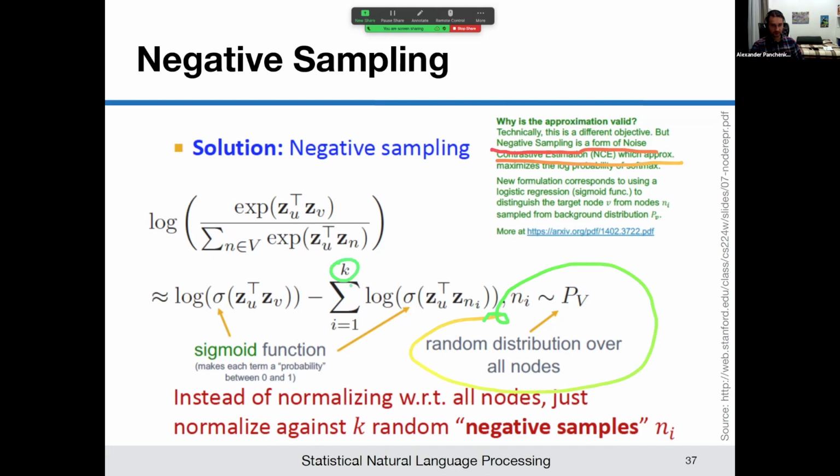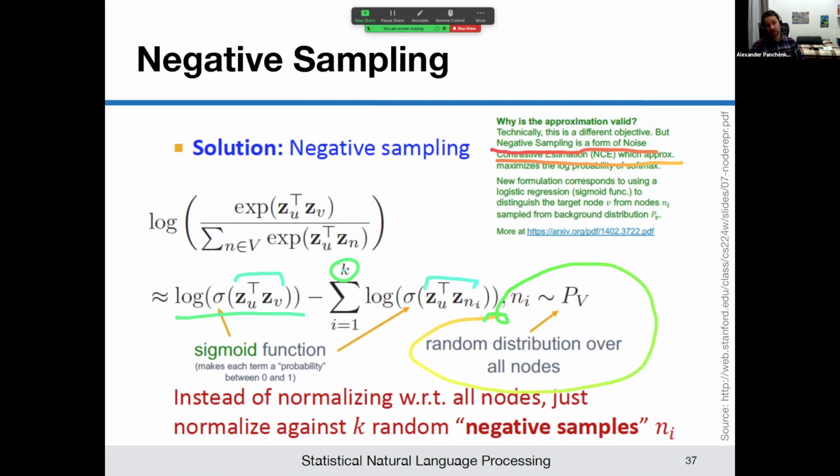In this case, it's like k negative samples for each positive training example. And this probability is going to factor into a logarithm of sigmoid of this dot product and the sum of several logarithms of sigmoids for several negative examples.